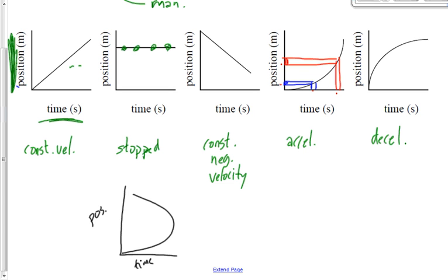Carrie? Okay, so it kind of looks like he's accelerating in this stage, and then he's turning around and slowing down. Good guess, but not right. Nobody else? Okay, so accelerating in this phase, then turning around and then accelerating the other way.